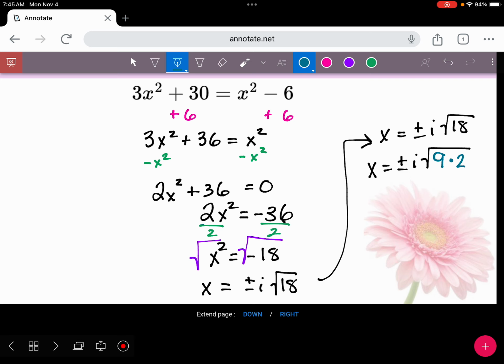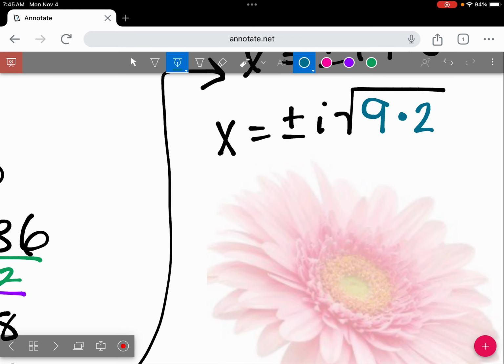I could also have -18, or I could have 18. Those are 3 different numbers. So the i only comes in when we have the square root of a negative number. The i doesn't show up until we try to square root something negative. So this piece here sometimes helps us spot our simplified radical form.